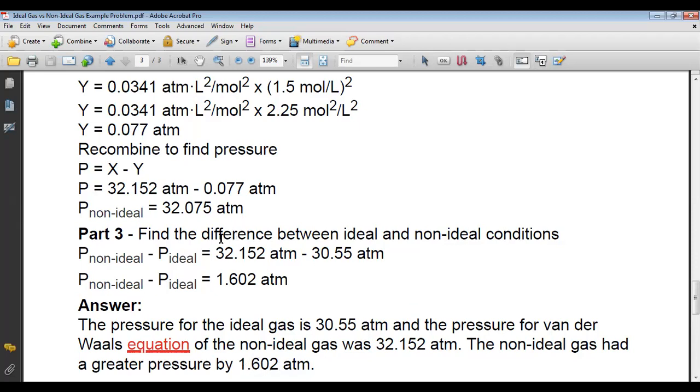That means the pressure of the non-ideal gas is higher by 1.602, and this is the difference we have discussed in the previous slide. The non-ideal gas has a pressure which is exerted higher by 1.602 as compared to the ideal gas equation.